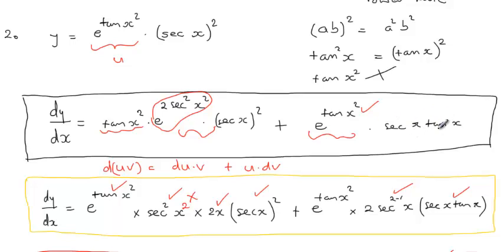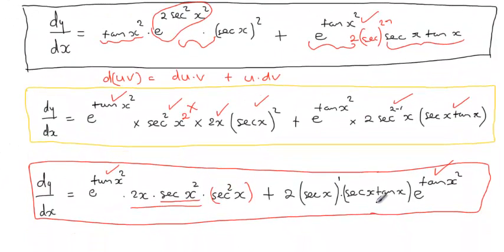Let's come here. Here, the power was lost. This part was lost. We only have the derivative of the argument there. But the power function, that 2 minus 1, where here we've got sec, was lost. And then come here. This is correct.